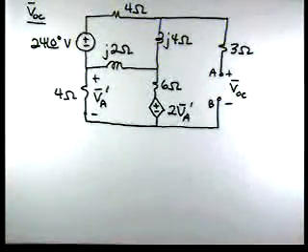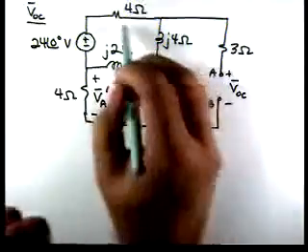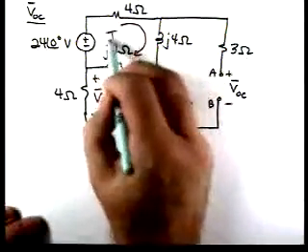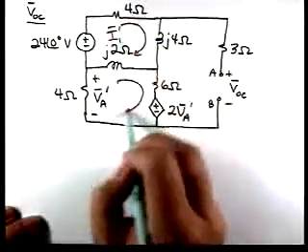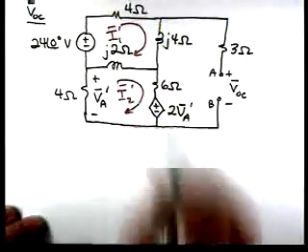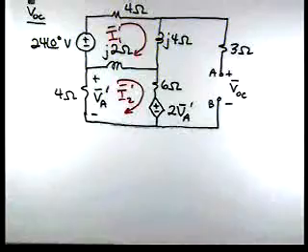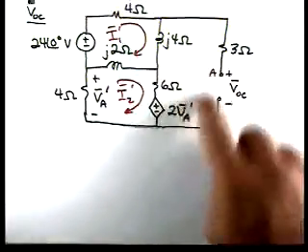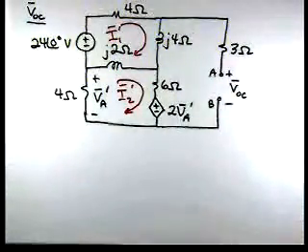There's our circuit. We want to find the open circuit voltage. Now, it'll probably be easiest here to use mesh analysis. So let's define mesh currents. Once we have the currents, then we can apply KVL around this loop to find that voltage.